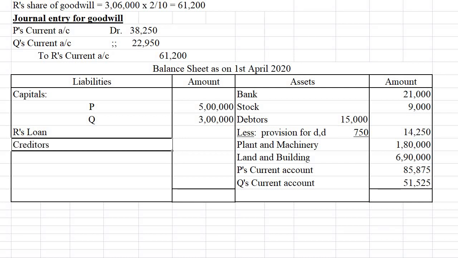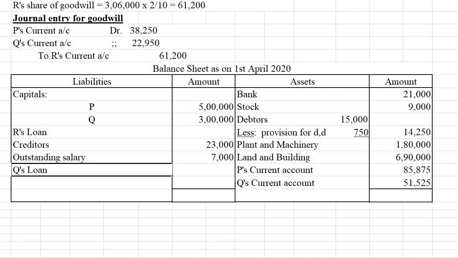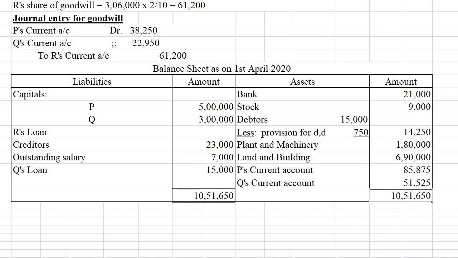Creditors we have here 23,000, that is written. Then outstanding salary was there. Outstanding salary 7,000 is to be written. Then next Q's loan, it was there already, that had no change, 15,000 is written. Okay, so these are the liabilities. So let us write down the total of balance sheet, 10,51,650. So that is the end of the solution to this problem.